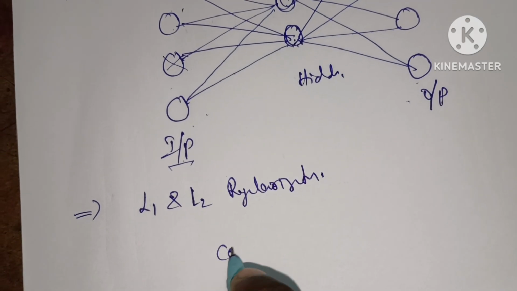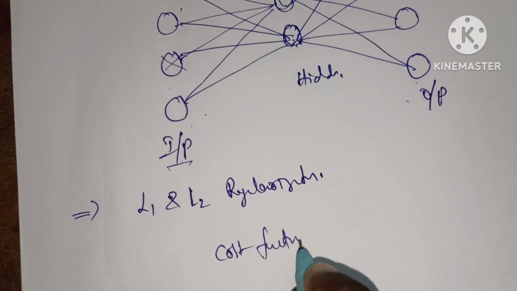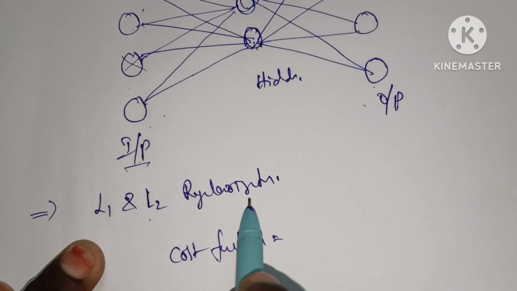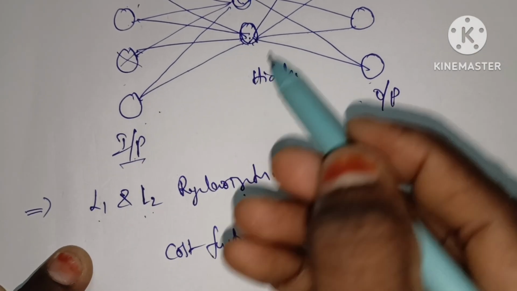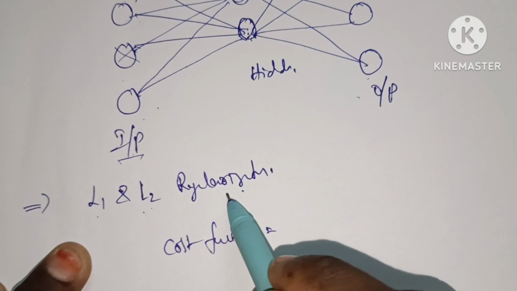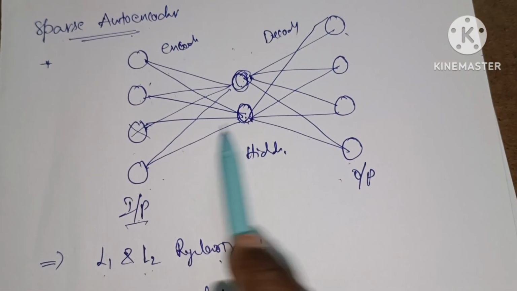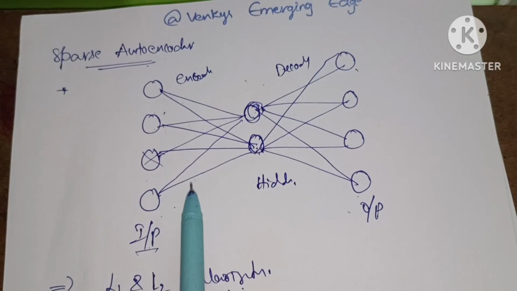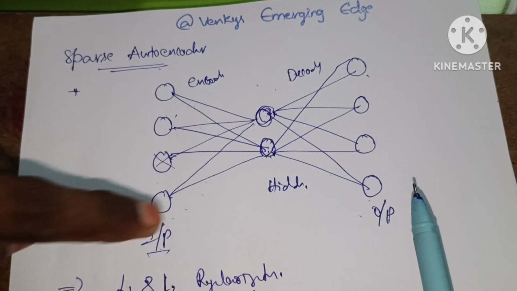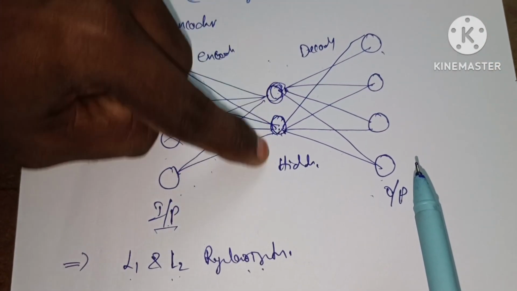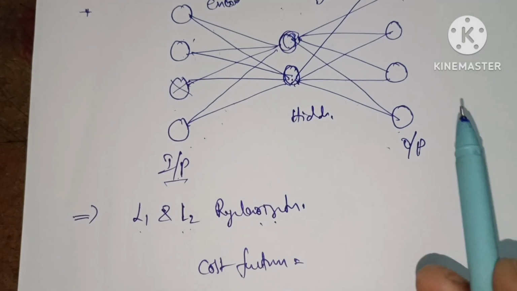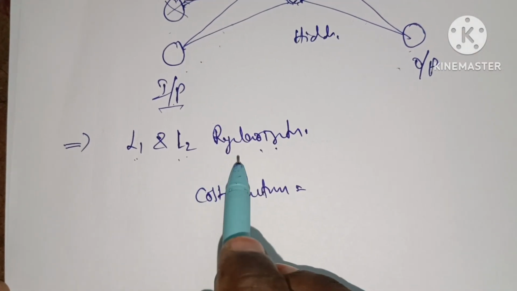Then we calculate the cost function. Why L1 and L2? Because of regularization: there are chances of underfitting and overfitting, which occur due to the changing of hidden neurons. Is it clear? So then we have L1 and L2 regularization.